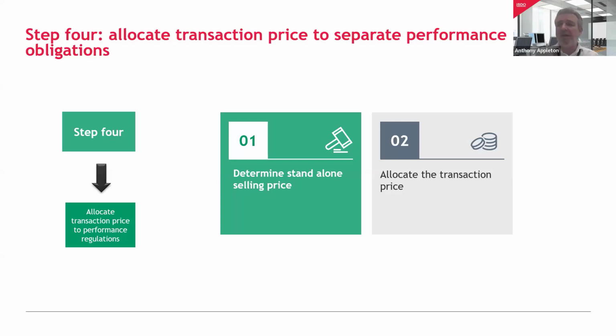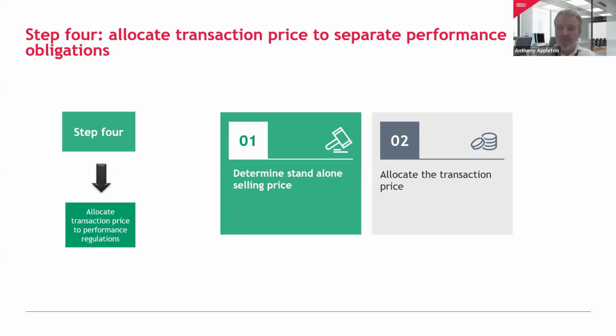It might be that there is an item in that bundle of promises which you can't reliably measure a distinct selling price for. And you can, in some circumstances, use a residual approach and just say, well, what's left, I'll allocate to that. But that should really be seen as a very rare event.